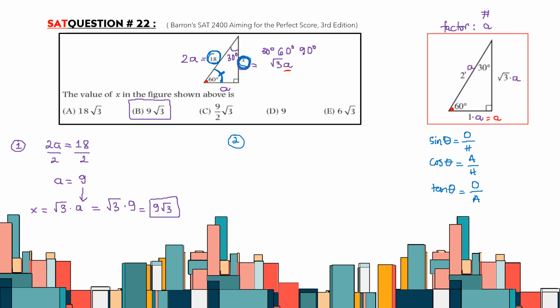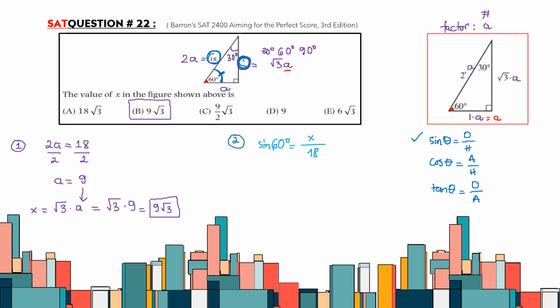So opposite over hypotenuse, we use sine. So we have sine of 60 degrees equal to opposite, x, over 18.